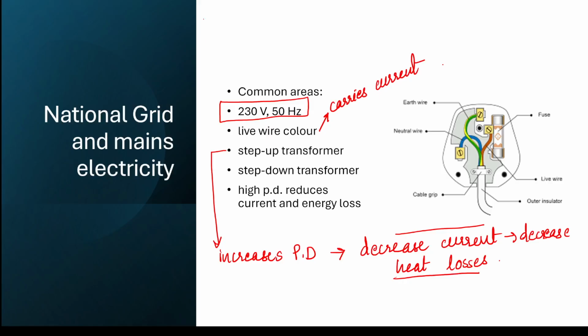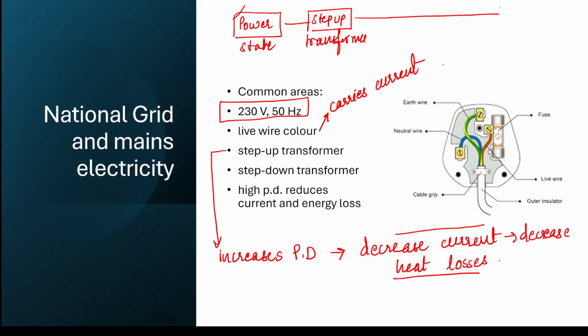So what they do is, near the power station, power stations produce electricity, and then they send their electricity to the step up transformer. It increases the potential difference and decreases the current, and then it gets transmitted to our area.